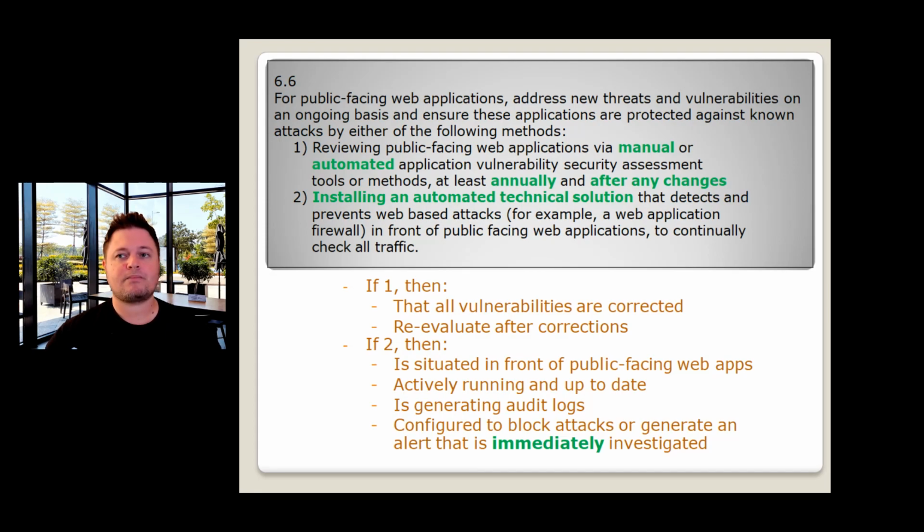So, if you have a web application firewall, you don't have to do that manual or automated system scanning annually or after any changes. But if you use an application firewall, you just set it up and then boom, you just let it run. You don't have to worry about the annual or anything else like that. But you do have to make sure that if it does generate an alert, that it is immediately investigated.